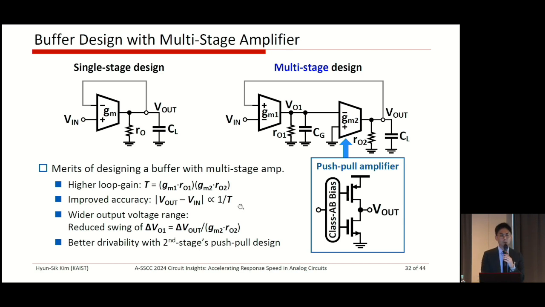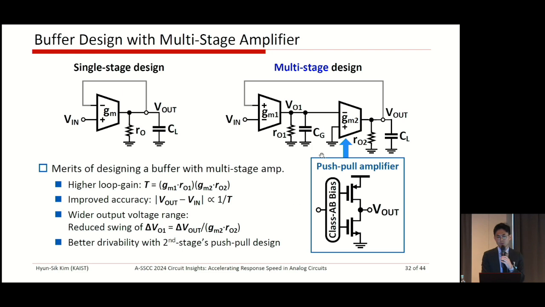And there is one more additional merit in the multi-stage design, right? We can frequently use the second stage as a push-pull output stage, right? The push-pull stage has stronger drivability, so we can achieve a higher maximum drivable output current with this design.